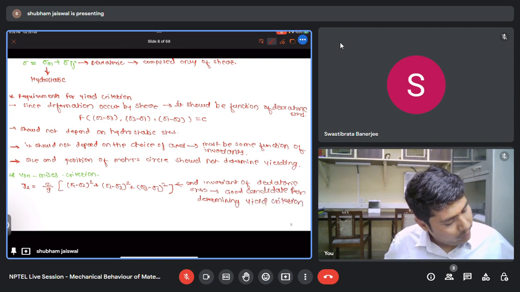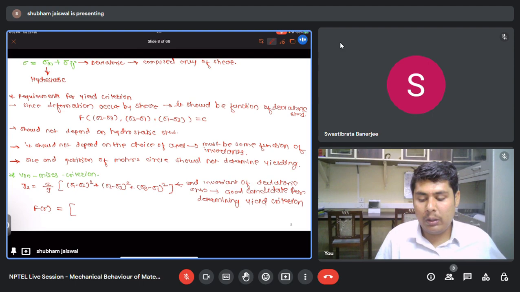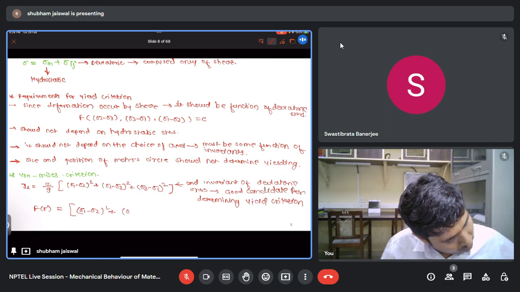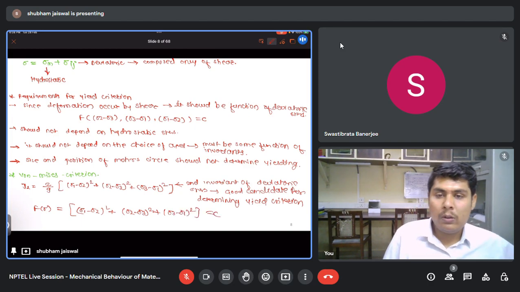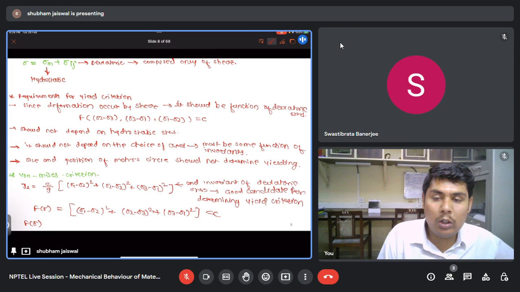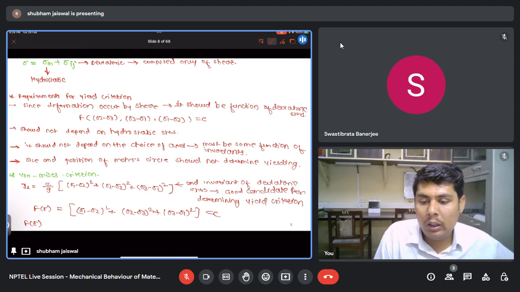If I write it in the form of some function F of sigma, keeping that 2 by 9 and equating it to some constant, the equation becomes sigma 1 minus sigma 2 whole square plus sigma 2 minus sigma 3 whole square plus sigma 3 minus sigma 1 whole square equal to a constant. When F sigma reaches or exceeds the critical value of C, only then will the material yield. If F sigma is less than C, our material will not yield.